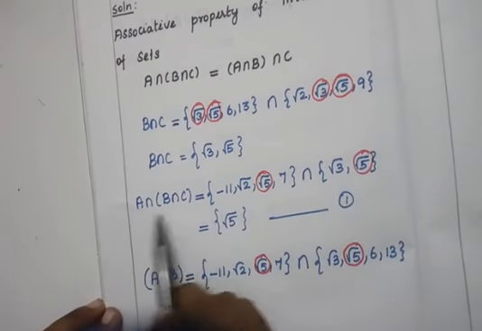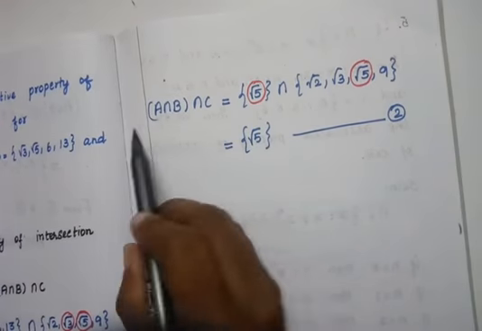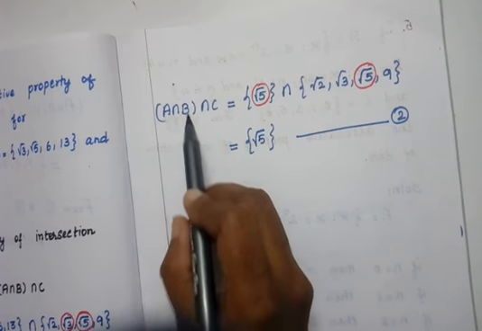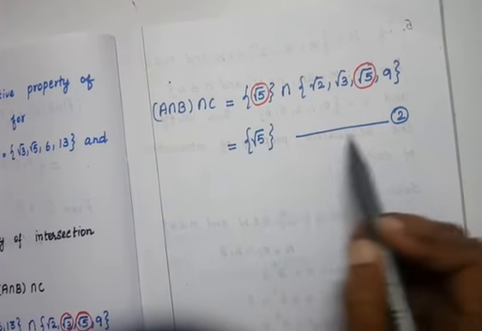So what is the first equation? A intersection (B intersection C) equal to root 5. And the second equation is (A intersection B) intersection C equal to root 5. Both are equal.